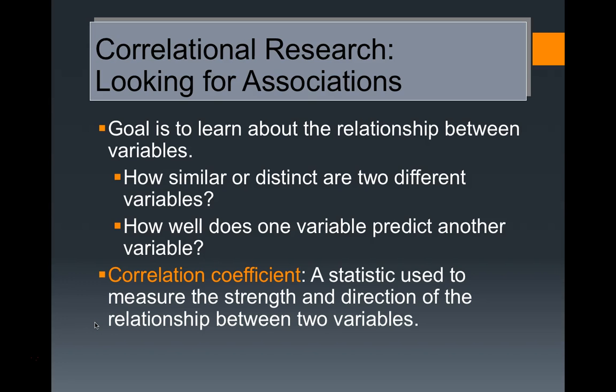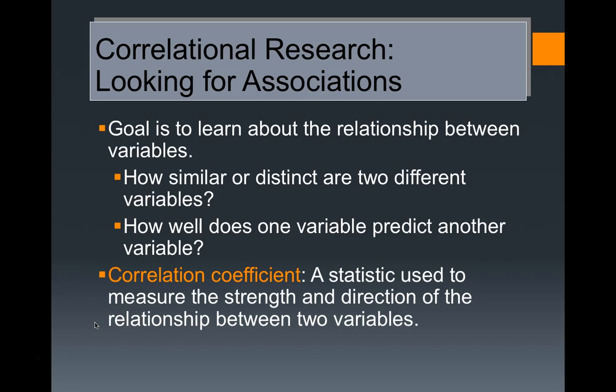One statistical procedure leads us to a correlation coefficient, a statistic used to measure the strength and direction of the relationship between two variables, referred to by the statistical symbol R. Okay, R refers to a correlation coefficient.